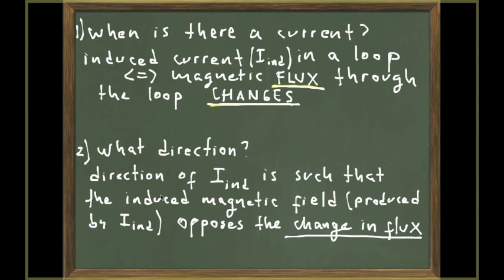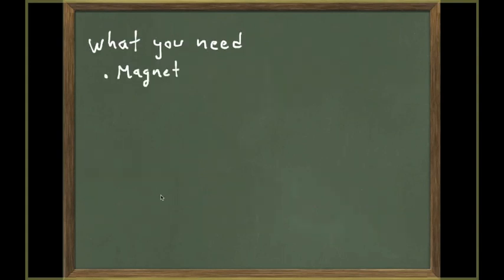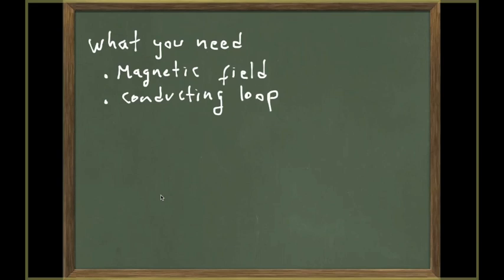To be able to use Lenz's law, you have to have several things. There has to be a magnetic field somewhere in space. That was provided in our little demo by the magnet. You must have a conducting loop. And you must change the magnetic flux through the loop.